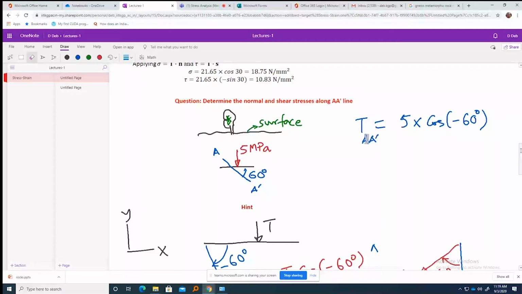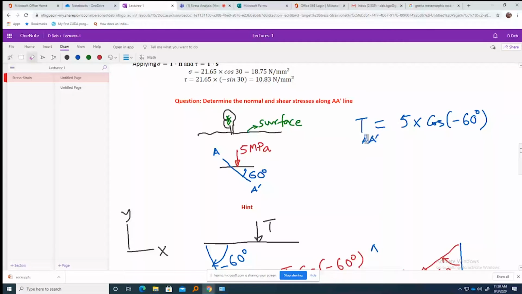Well, the minus sign, minus 60 degree, we normally take because if any angle is rotating from the horizontal clockwise, we normally take a negative value, and if it is counterclockwise, we take a positive value. Remember this, okay?